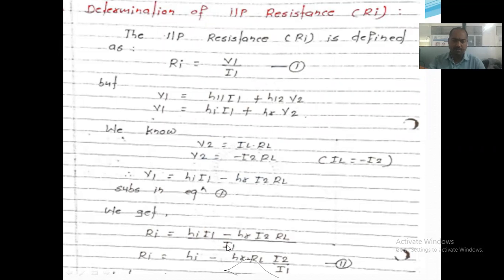Why this I1? Because this I1 is going only for this term, where the sign is minus. So the equation is minus Hr into RL I2 divided by I1. So your equation is Ri equal to Hi minus Hr into RL I2 divided by I1, which is equation number 2.